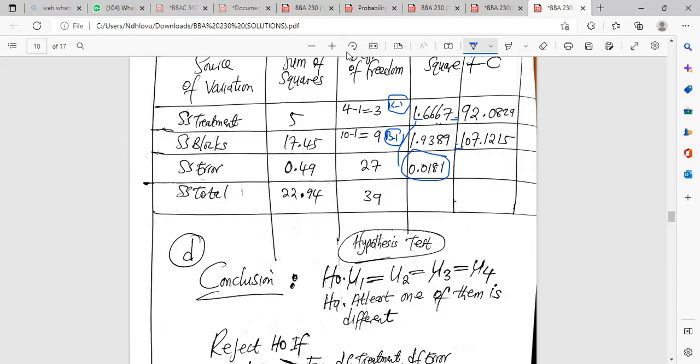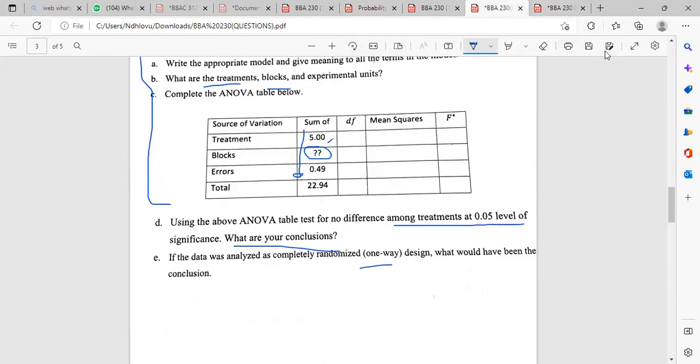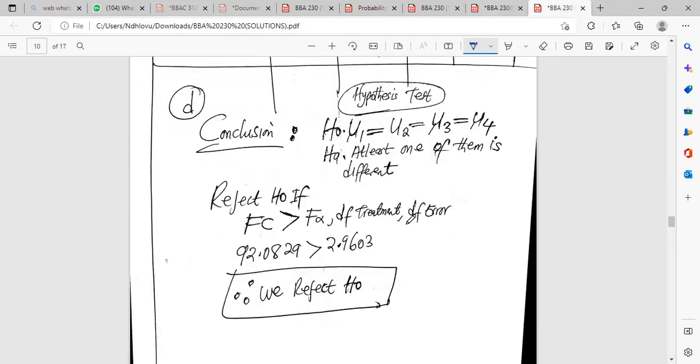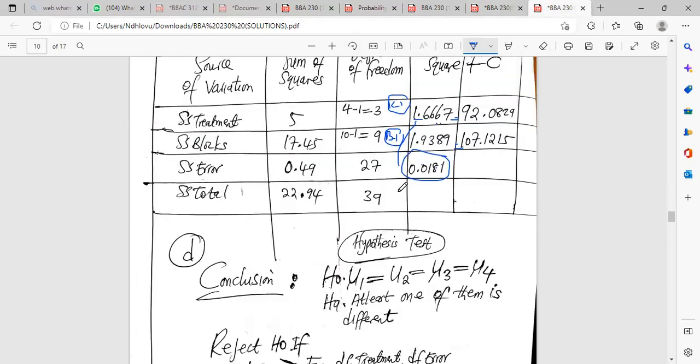Now, conclusion. They are asking us to use the above ANOVA table to make a conclusion at 5% level of significance. So we can conclude using that. Our conclusion is on the treatments, there were 4.